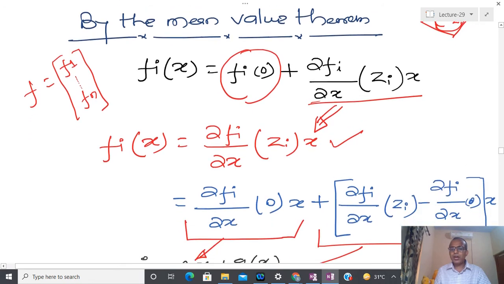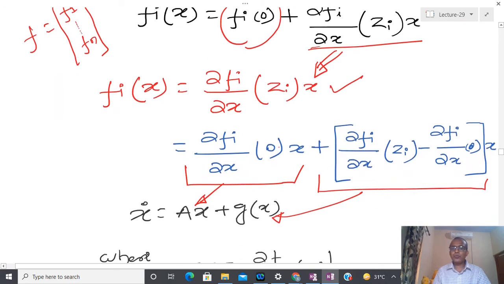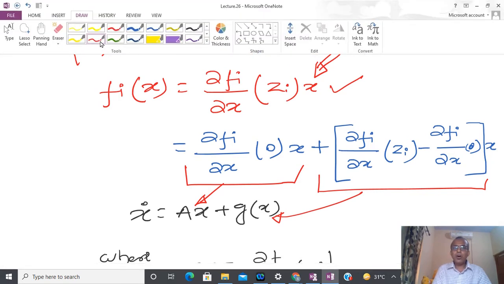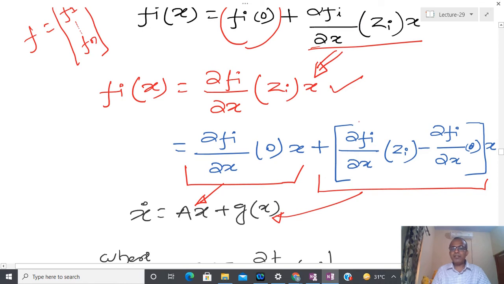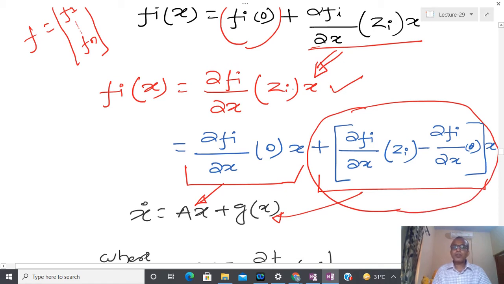After that, I am going to add the partial derivative of f_i with respect to x in the neighborhood of the equilibrium point, and the same term I am going to subtract. Why have we done this? Because I want to check to what extent I can talk about the stability of the nonlinear system after the linearization.